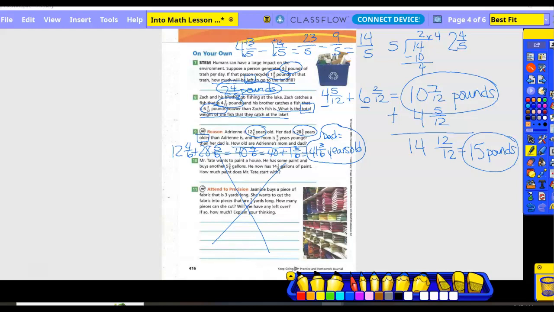Right. Okay. So our mom is 8/6 years younger, and I'm going to put younger in a box. So that tells me I'm going to subtract. So I'm going to take 40 and 9/6 minus 8/6, which equals what? 40 and 1/6 years old. And this is Mom.